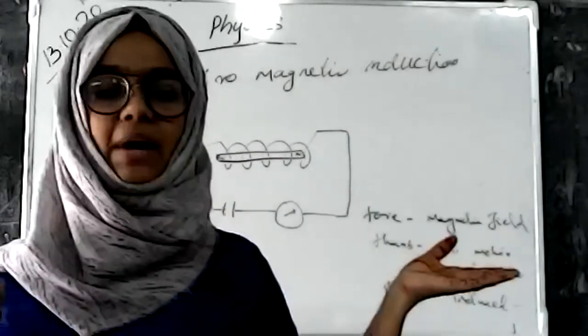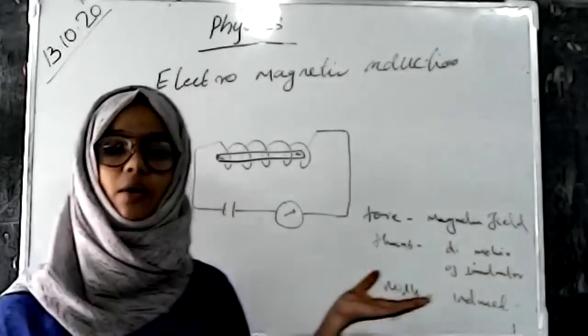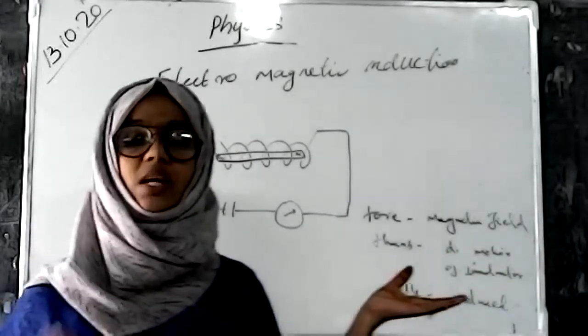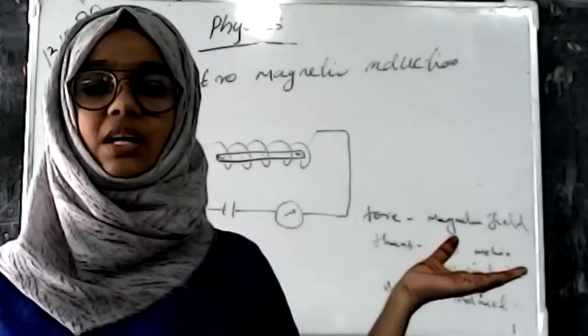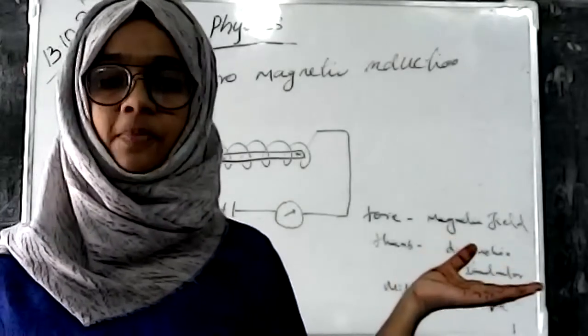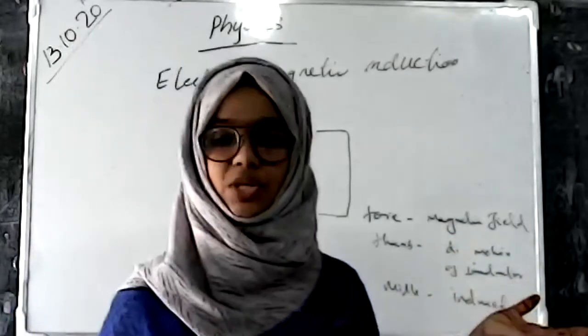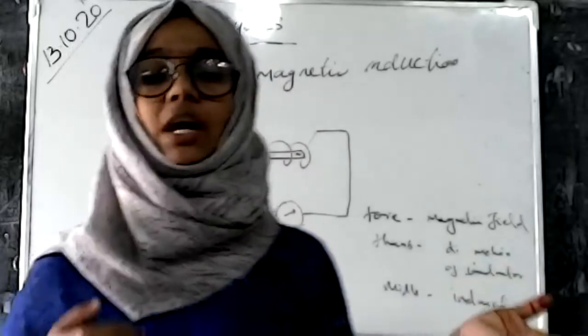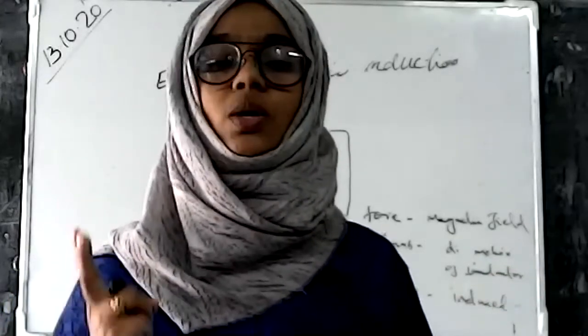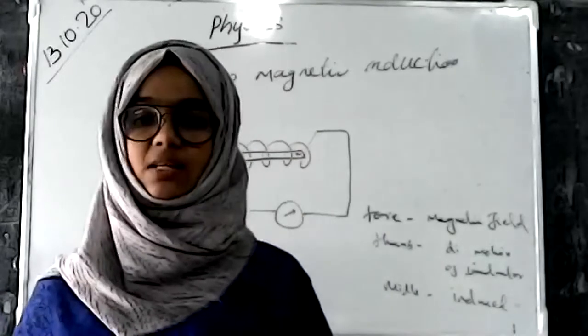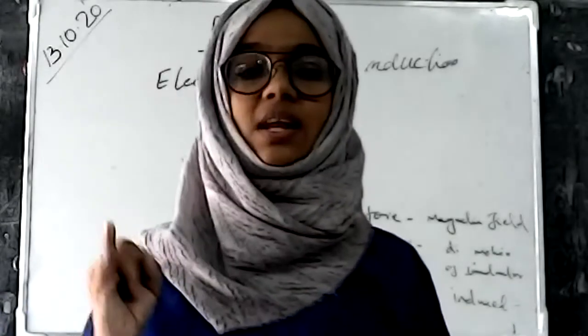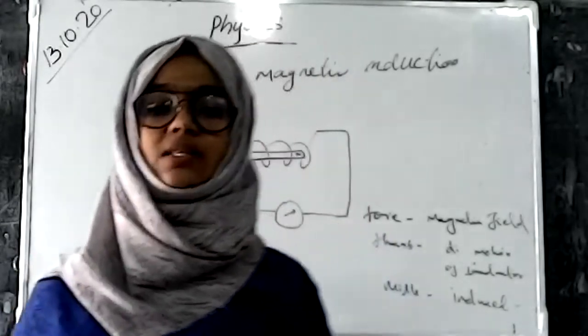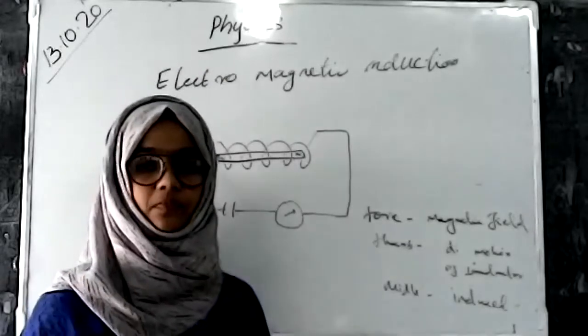When we move the bar magnet inside a solenoid, the induced EMF direction changes, and based on this direction, we say there are two types of current. The first one is direct current and the second one is alternating current.